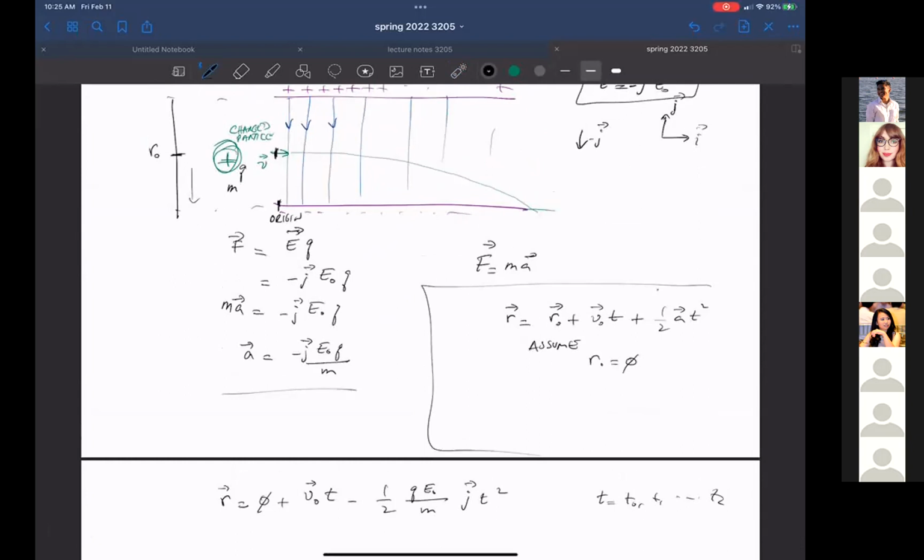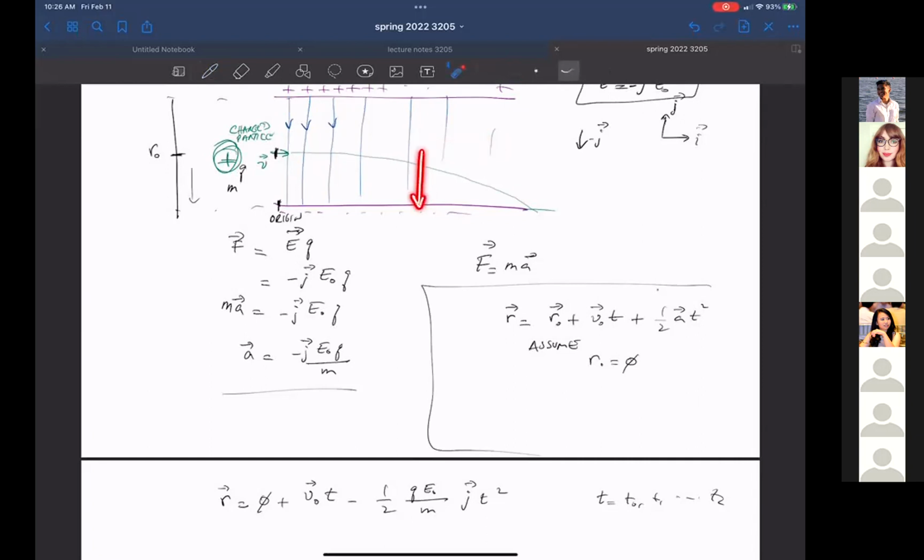So, we know that from the electric field, we have a J component of the acceleration, but do we have any J or X or I components for the velocity? Yeah, as time goes on, you have a velocity in this direction and a velocity in that direction.